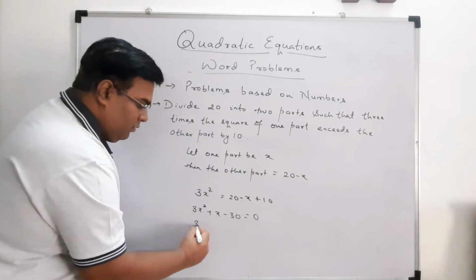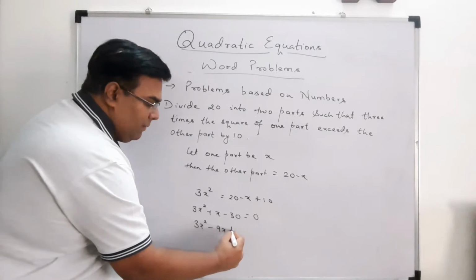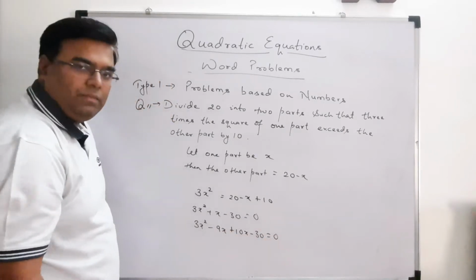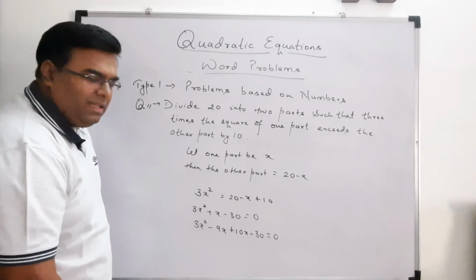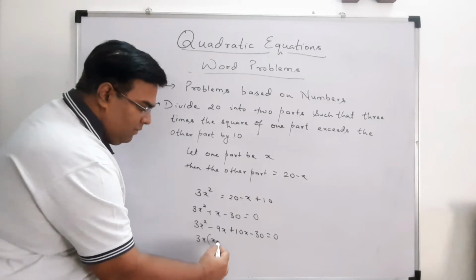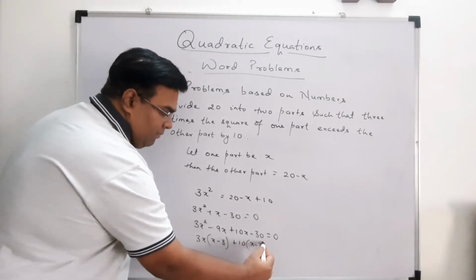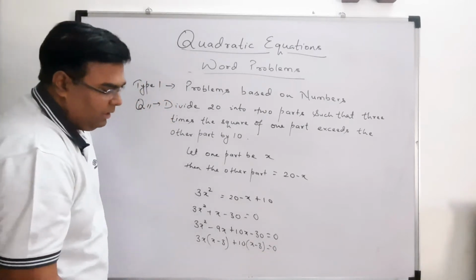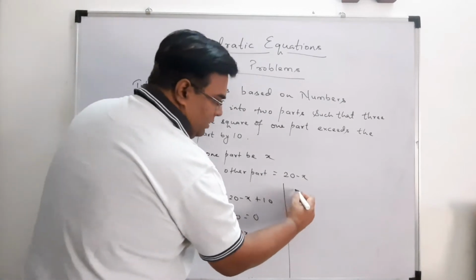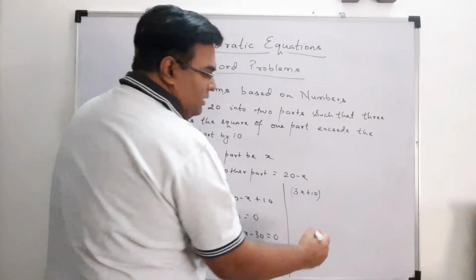So 3x square minus 9x plus 10x minus 30 is equal to 0. I have used the factorization method here. Taking 3x common from the first two terms and 10 common from the last two, we get x minus 3 in both, so it is 3x plus 10 and x minus 3.